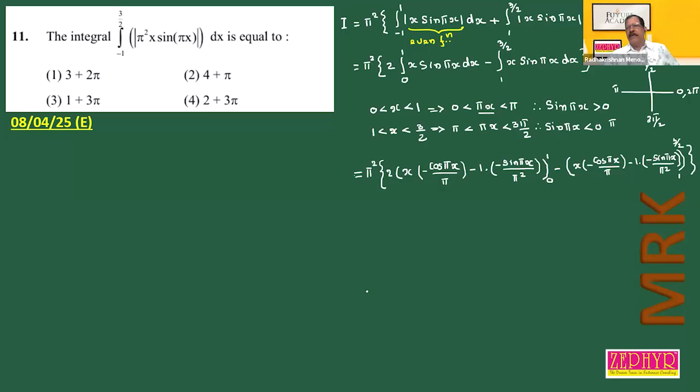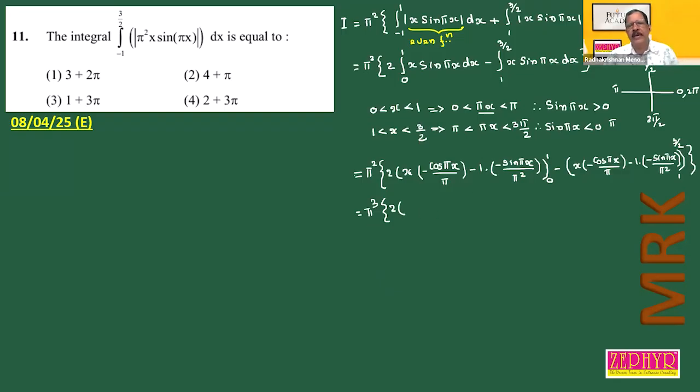Okay. Now we have to simplify this. It is equal to pi squared into 2 into, put x is equal to 1.